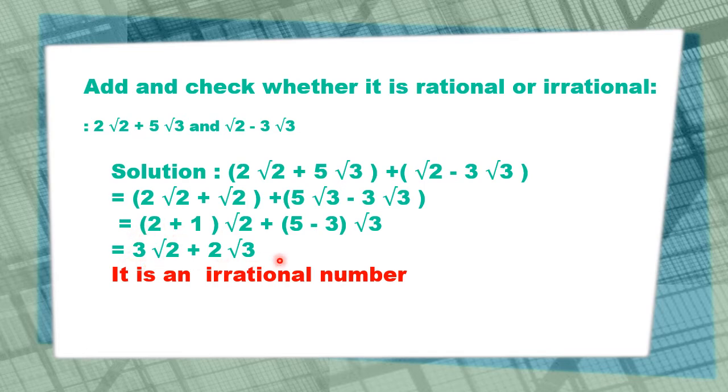Here, the product of rational and irrational is irrational. Adding an irrational number, which will be the result of this one, and another irrational number, which will be the result of this one, irrational plus irrational is irrational. If you don't understand too much, you can understand that if this type of numbers root 2 and root 3 are there, then the result will be an irrational number.